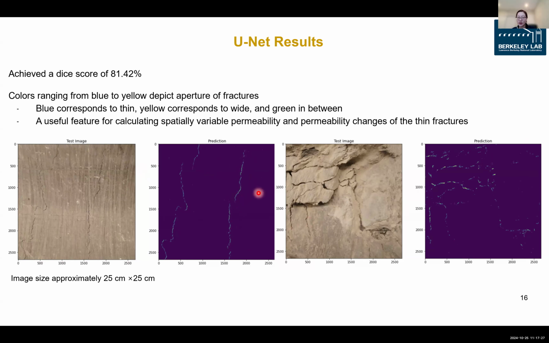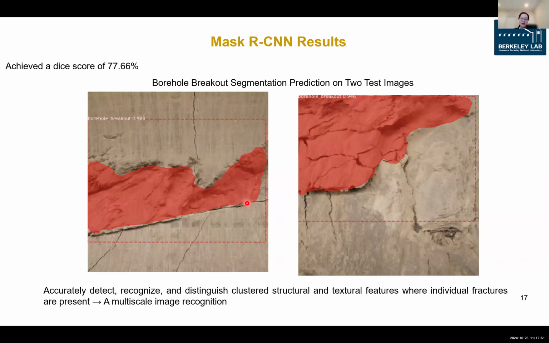This is important because the aperture distribution along the fracture itself is important for calculating spatially variable permeability and permeability changes of the thin fractures. So we say this identification accuracy is acceptable for the thin fracture structures, and in addition we got the aperture distribution. To segment the borehole breakouts, we use Mask R-CNN, achieving a Dice score of almost 80%. We see that Mask R-CNN can accurately detect, recognize, and distinguish clustered features from individual fractures.